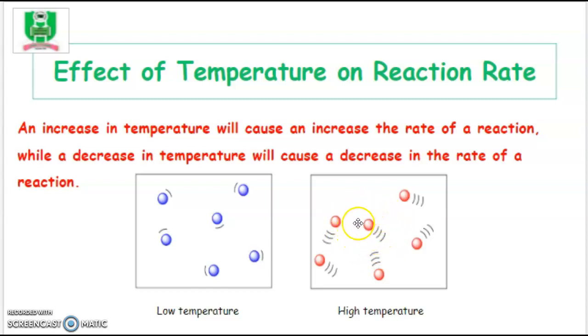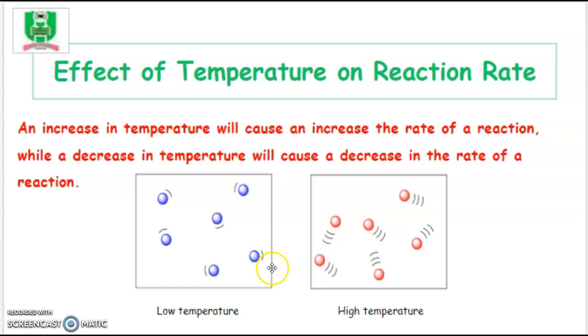As the reactant particles collide more frequently because they're moving faster, and as they collide with greater energy, the possibility of bonds within the reactants being broken is increased, and that will lead to greater formation of products, or the formation of products in shorter time. And so that will cause an increase in the reaction rate.